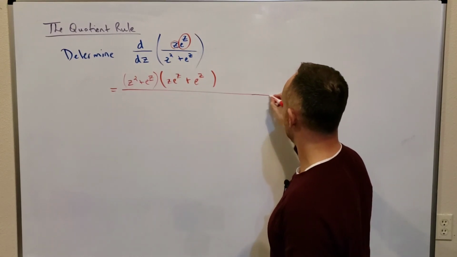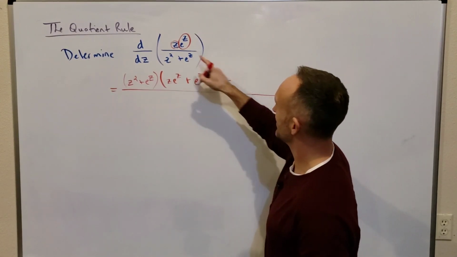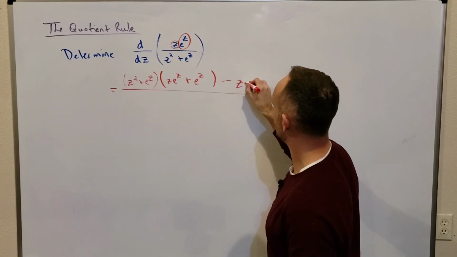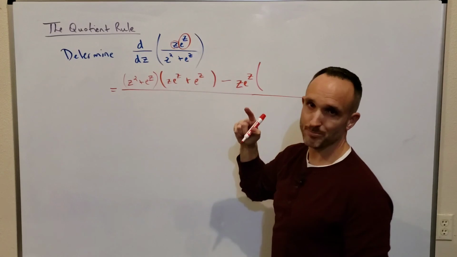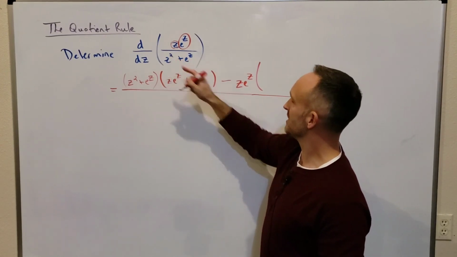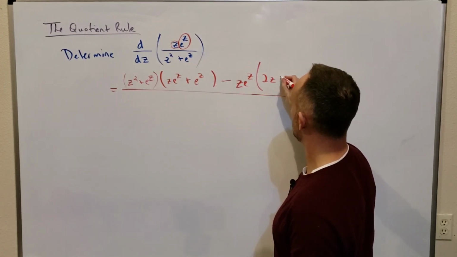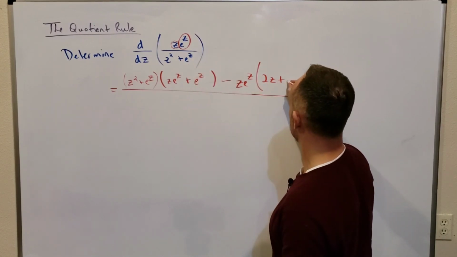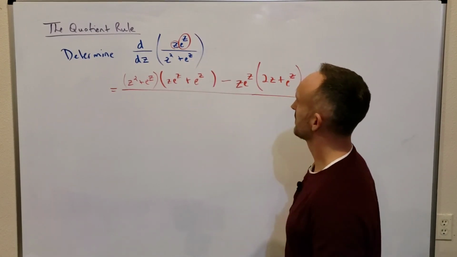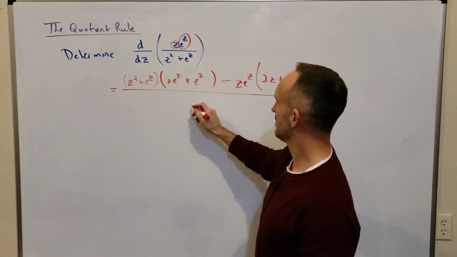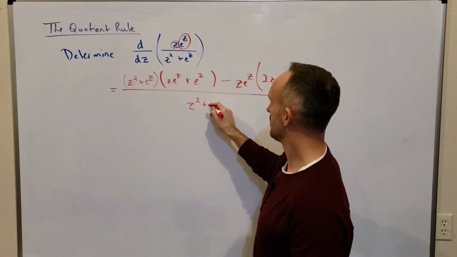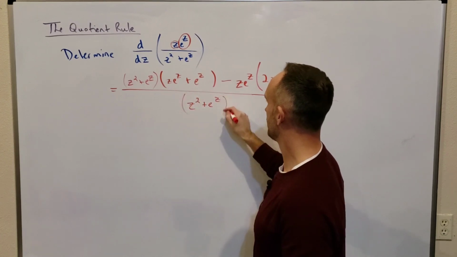We're not done yet. Now I've got to do minus the top, z e to the z, times the derivative of the bottom. Well, the derivative of z squared is 2z, plus the derivative of e to the z is e to the z. That's all over the bottom squared. Okay?